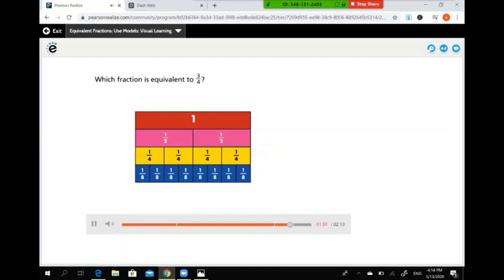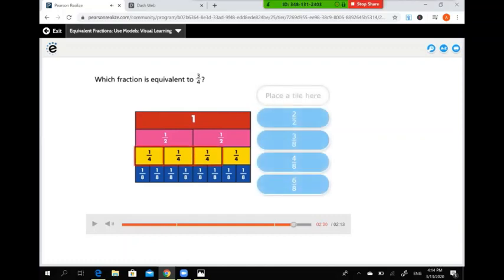Which fraction is equivalent to 3/4? Select your answer. Which fraction is equivalent to 3/4? Look at the 3/4.